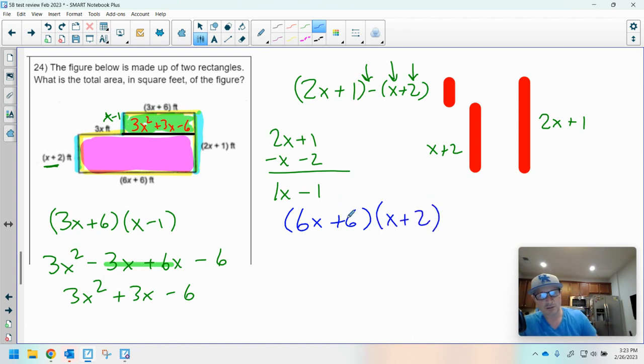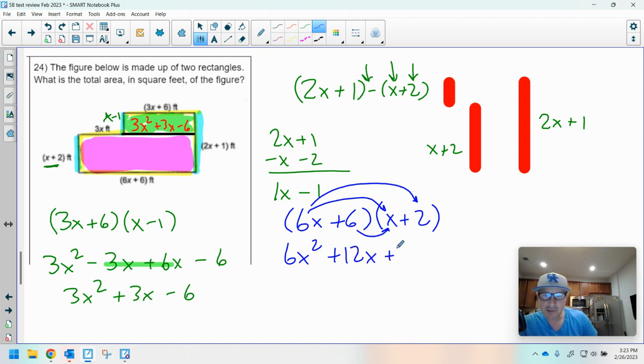So we're going to FOIL. 6x squared when we do 6x times x, and 6x times 2 is plus 12x. 6 times x, plus 6x. 6 times 2, plus 12. Let's do a little combo in the middle. We get 6x squared plus 18x plus 12.